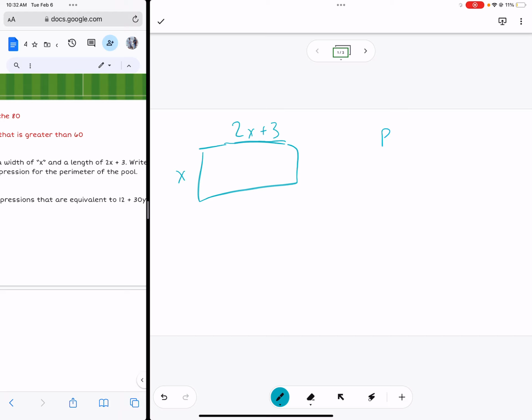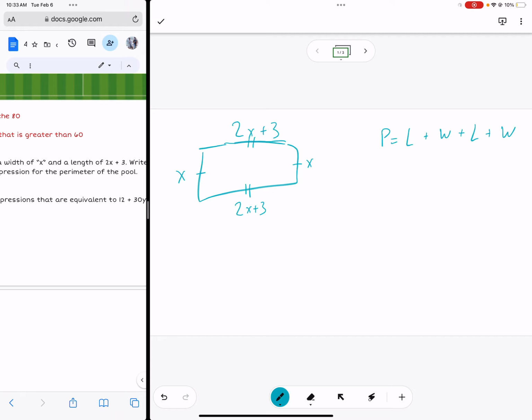So perimeter is length plus width plus the other length plus the other width. Well, if the top part is 2x plus 3, what's the bottom part? It's the same, right? It's 2x plus 3. And if my left side is x, then what's my right side? It's also x. Now, if I'm trying to find perimeter, what do I do? I add them all up, right?